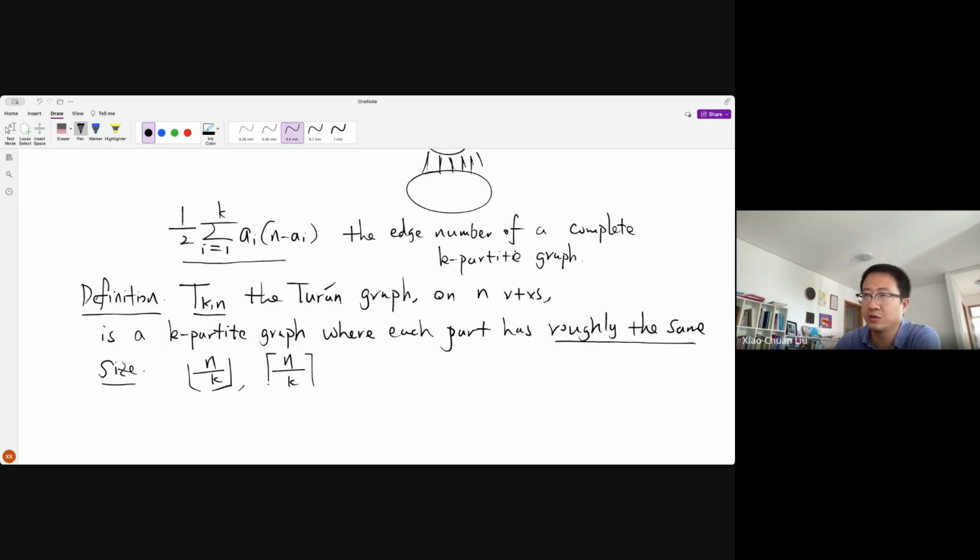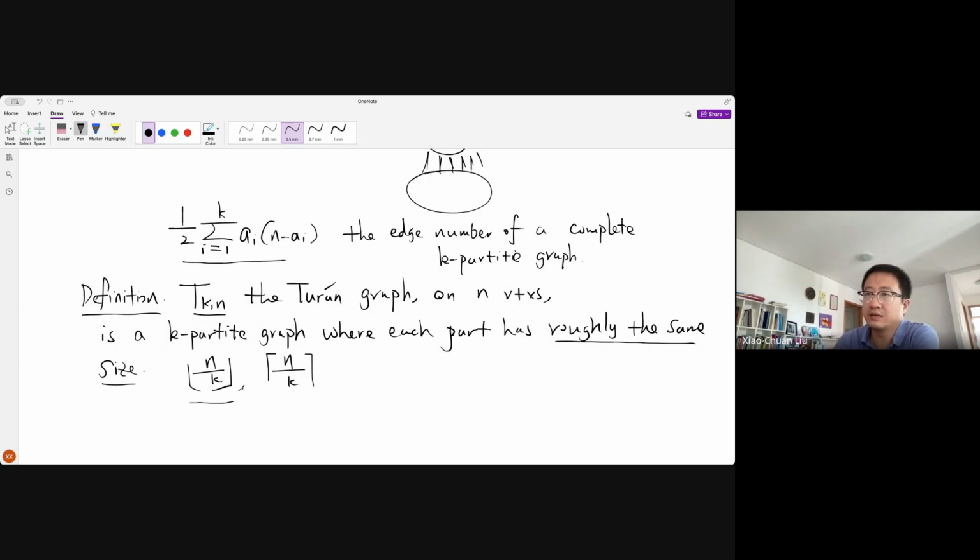Do you know these two notations? It doesn't matter if you cannot divide n by k exactly. The floor is the largest integer which is smaller than n over k, and then you probably want to add some vertices to some parts.